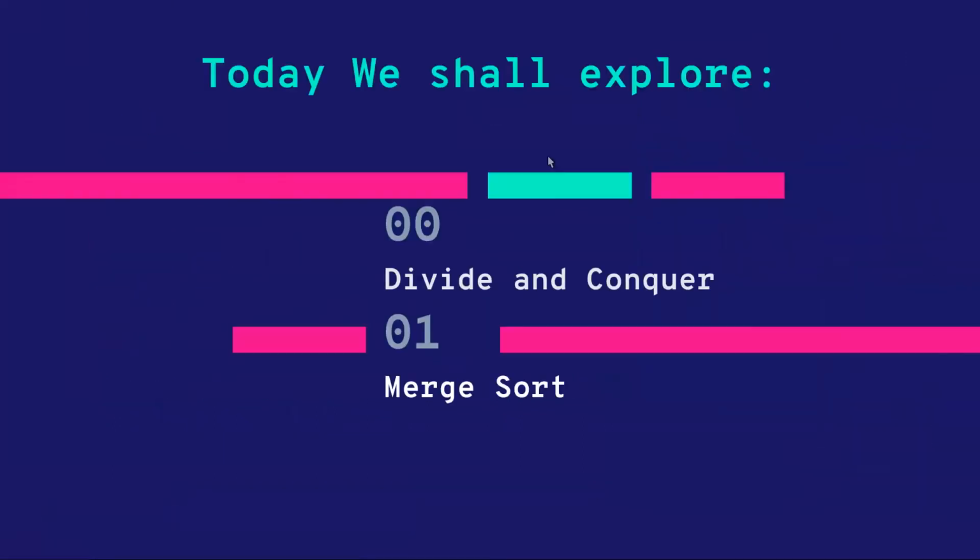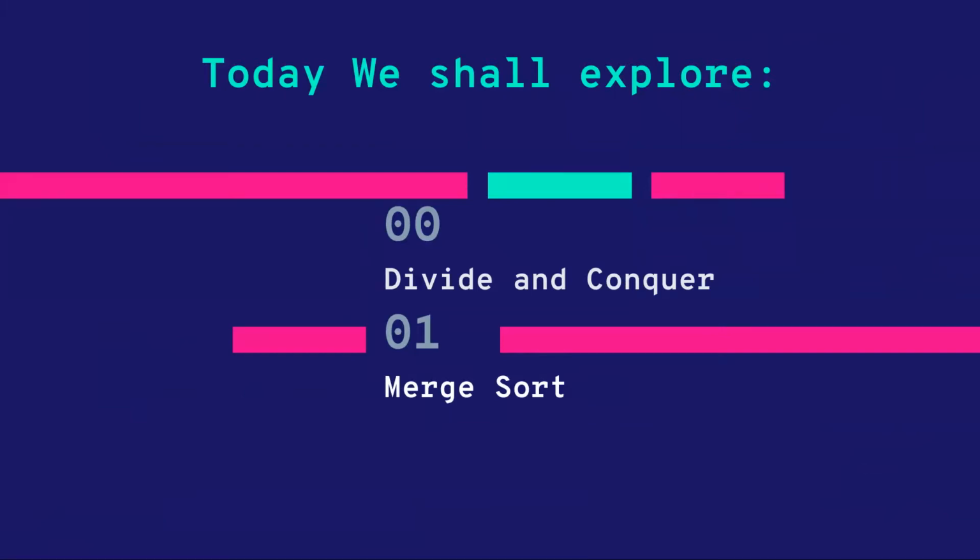So the core concept behind merge sort is a technique called divide and conquer. Divide and conquer is a problem solving strategy. There are a lot of strategies to solve problems in computer science, and divide and conquer is one of them.